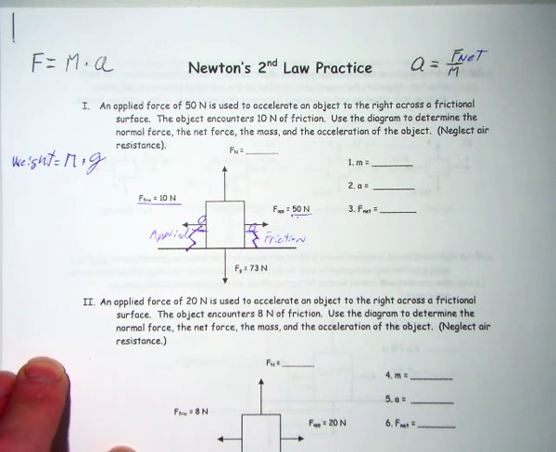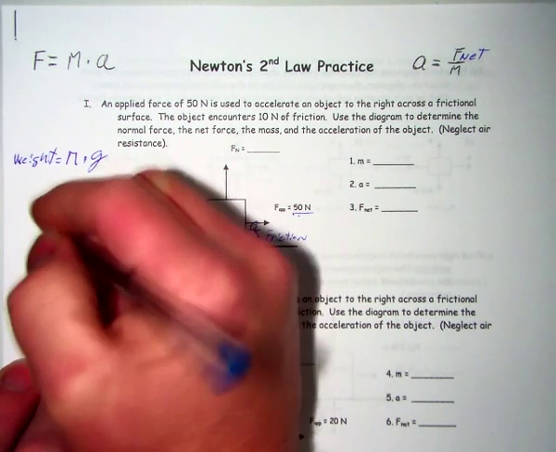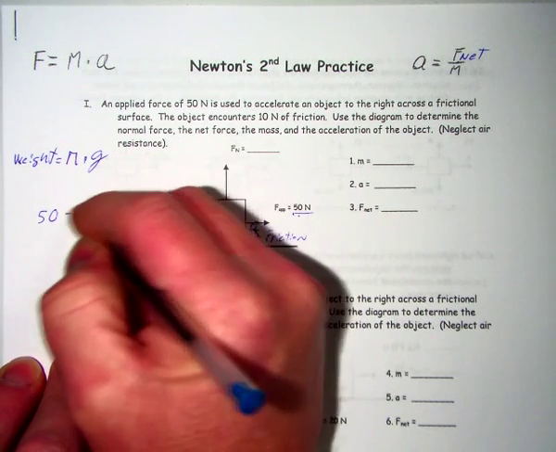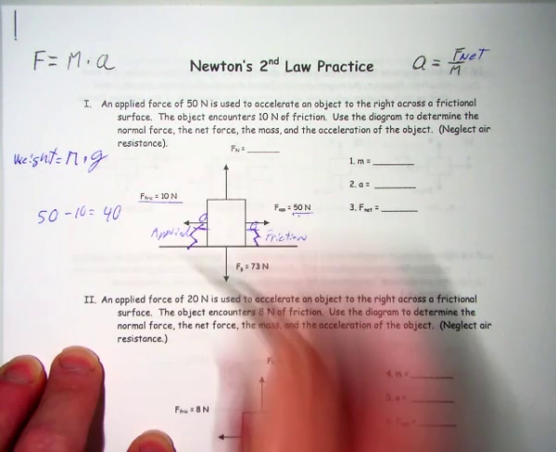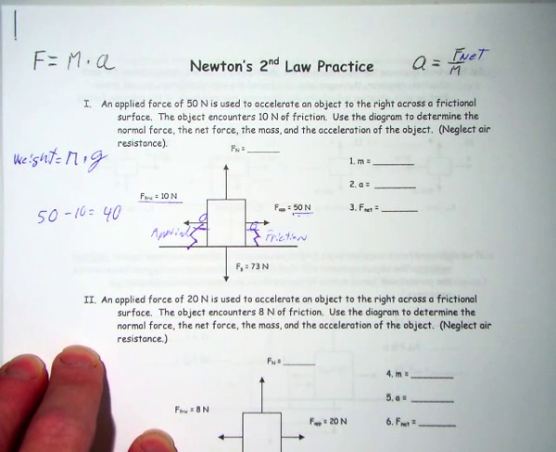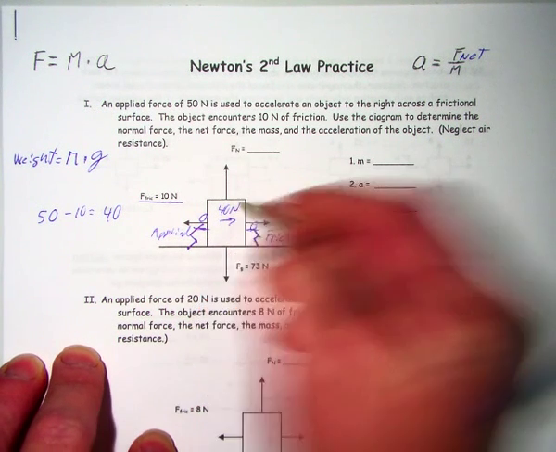So the applied is stronger than the force of friction, but by how much? What's the difference between the applied force and the force of friction in this case? It's 40. We got that by saying 50 minus 10 comes out to 40. So now we know our force to the right is 40 newtons.